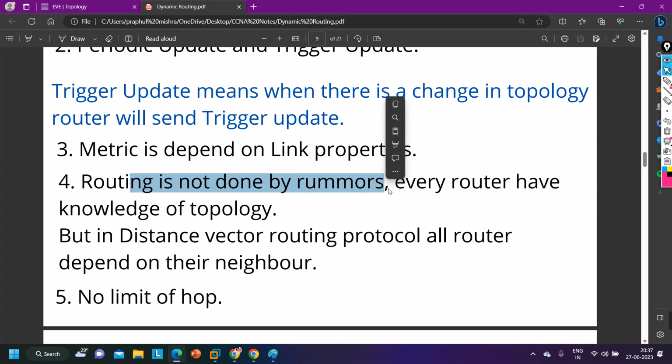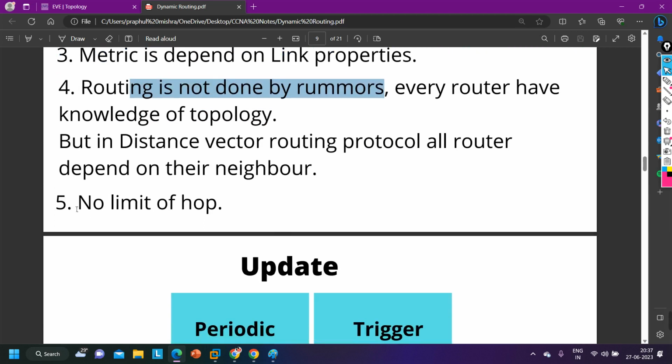But in case of link state routing protocol, a router will have a view of the entire topology. A router can design the entire topology by checking its database. Very powerful routing protocol. Yes or no? Yes, sir. Here we don't have any hop limit, but in distance vector routing protocol we have some hop limit as well.